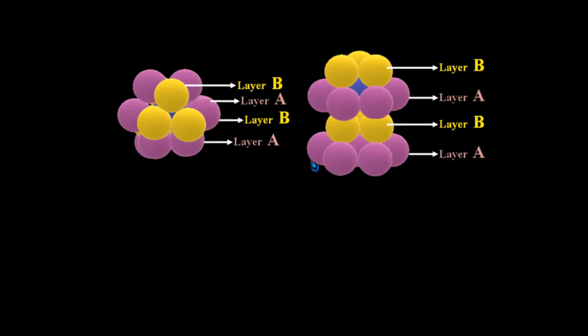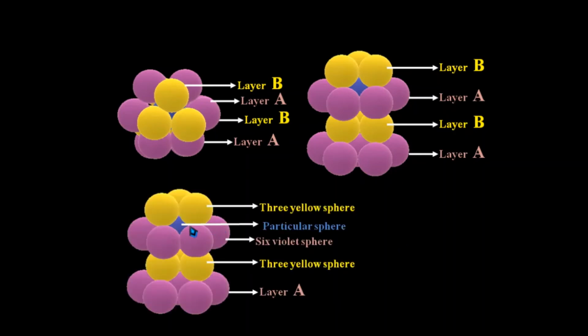That means the first layer is similar to the third layer in arrangement. Second, the yellow color sphere layer, is identical to that of the fourth one. So this is called the ABAB type of structure. In this type of arrangement, the coordination number of each sphere is 12. And how? This blue color ball is considered as a particular sphere, above which 3 yellow spheres are there.